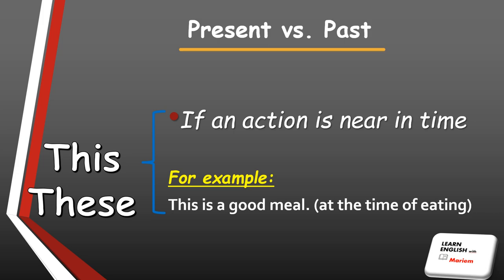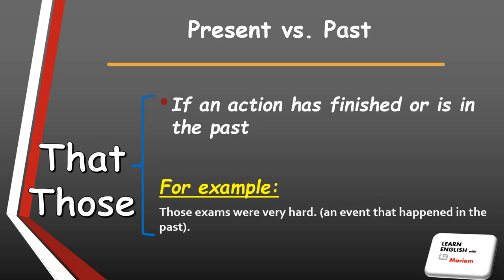Don't forget, with the present tense, we use this or these. The past, we use that or those. If an action has finished or is in the past. لما الفعل انتهى ونتكلم عن الماضي. لما نتكلم عن الماضي نستخدم that or those. We don't use this or these.